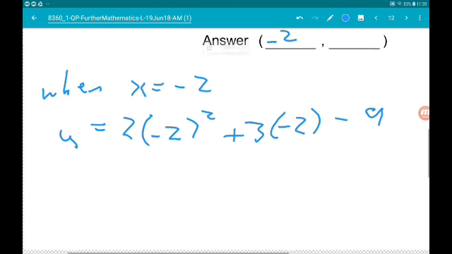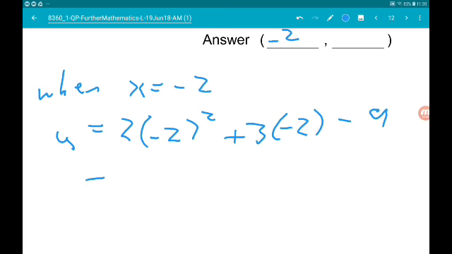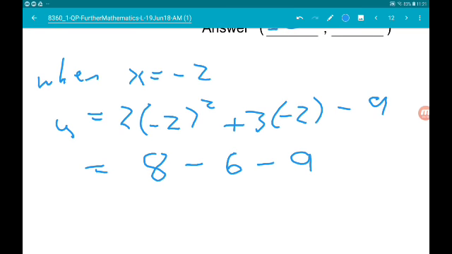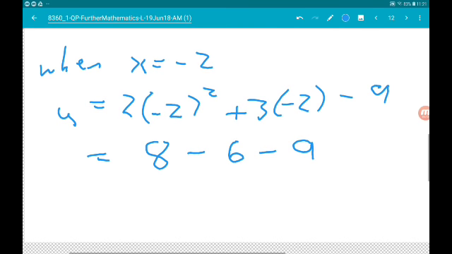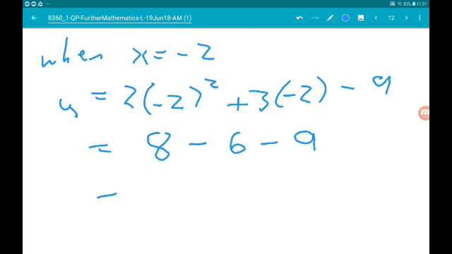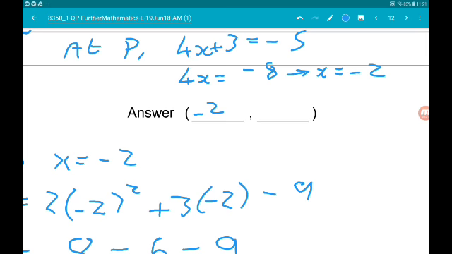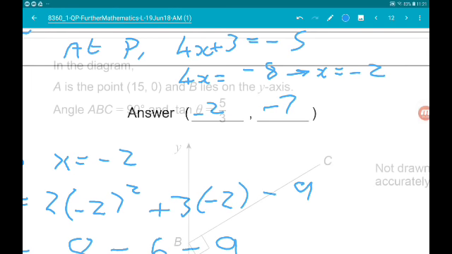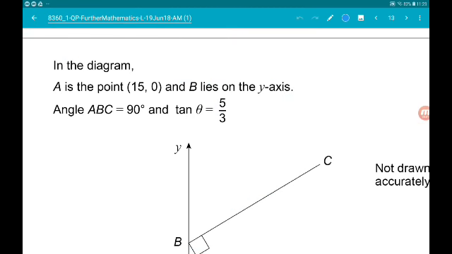Now minus 2 squared is 4, 2 times 4 is 8. 3 lots of minus 2 is minus 6. So we got 8 minus 6 minus 9. 8 minus 6 is 2. 2 minus 9 gives us minus 7. So our y-coordinate is minus 7.